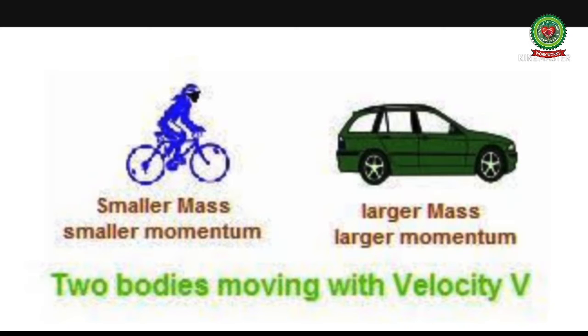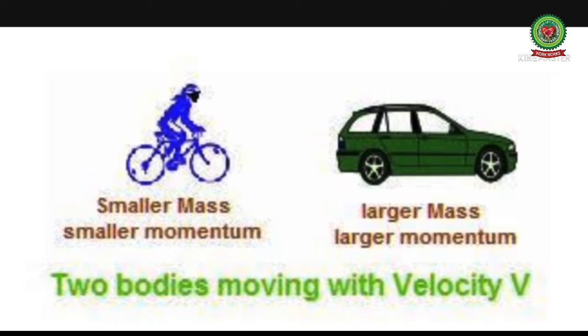Let's study momentum in detail. Children, in this picture you can see a bicycle and a car. We have taken the condition that both the bodies are moving with the same velocity v. Now, as the bicycle has smaller mass as compared to the car, the momentum of the bicycle will be smaller as compared to the car.